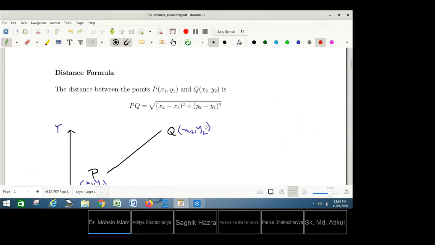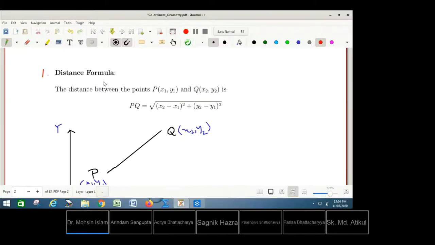Now, the first formula is always the distance, because distance is a very important factor in mathematics and in physical science. Distance is very much required everywhere. Suppose you have two points, what is the distance between the two points? So how will you calculate that distance?